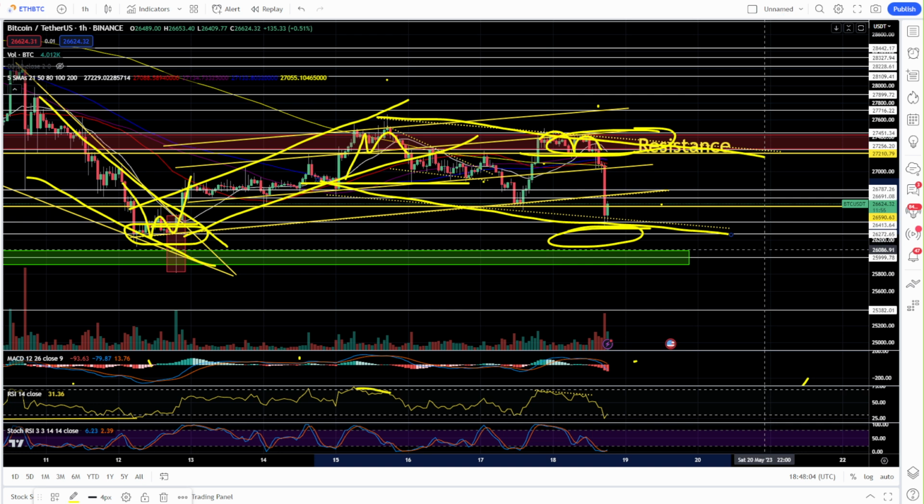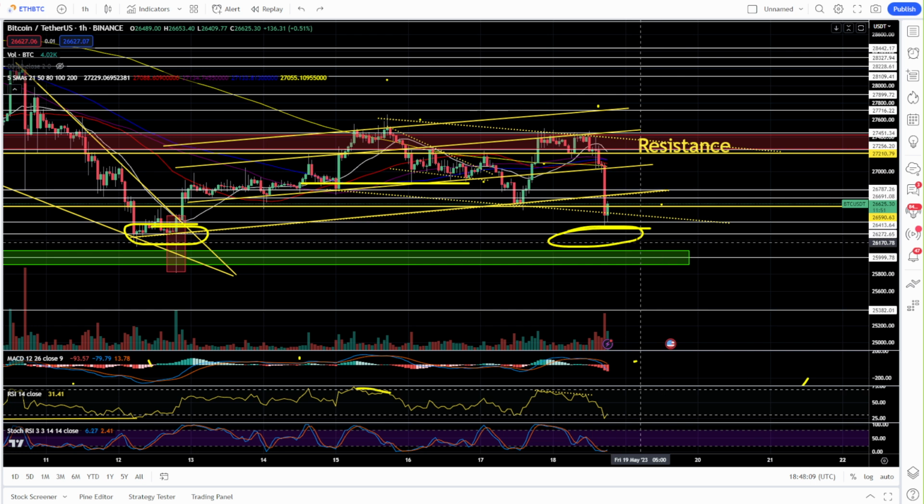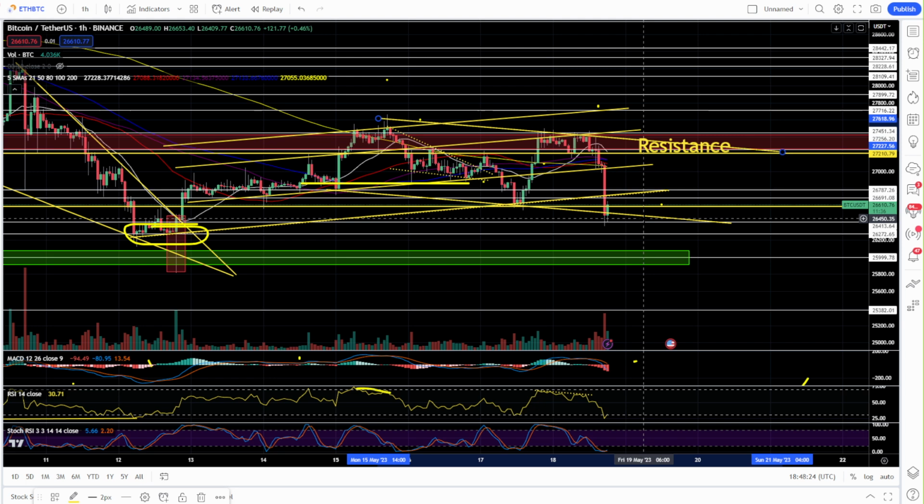I should probably draw these as straight lines so it makes sense. But now the question is, are you going to get rejected off of this level here? Or will you, and I'll make these solid, you're kind of always trying to front run the patterns.